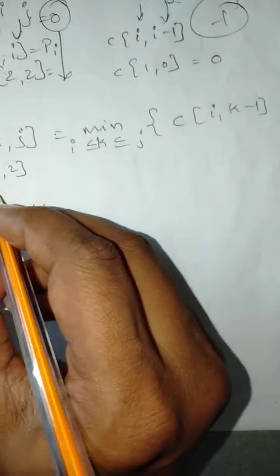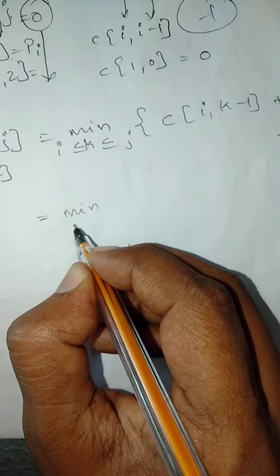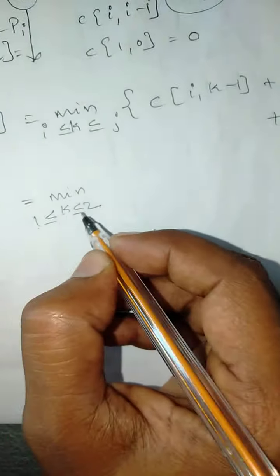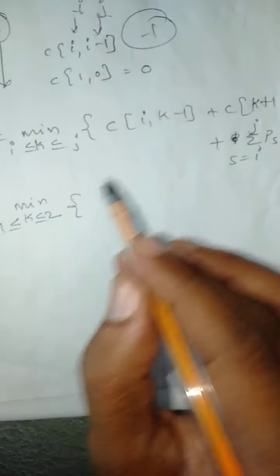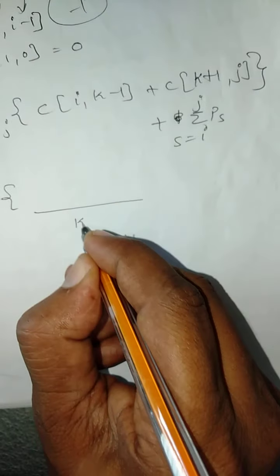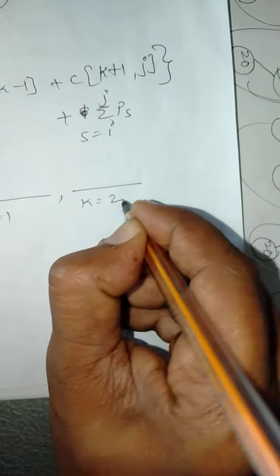In this case, C of 1 comma 2, it is the minimum over k value between 1 and 2. So 1 and 2 are the two possible values. For k value 1, what is the value? For k value 2, what is the value? So we shall write the values for k value 1 and k value 2.